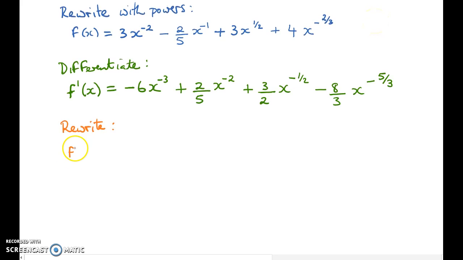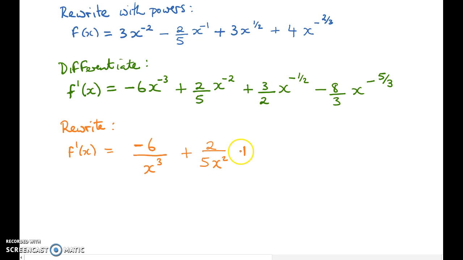So we have f prime of x. Negative 6x to the minus 3 is negative 6. Put the x underneath again, and it becomes negative 6 over x cubed. Then you have plus 2/5, that's a fraction. The x had a negative power, so the x has to go back down underneath, and it becomes 2 over 5x squared.